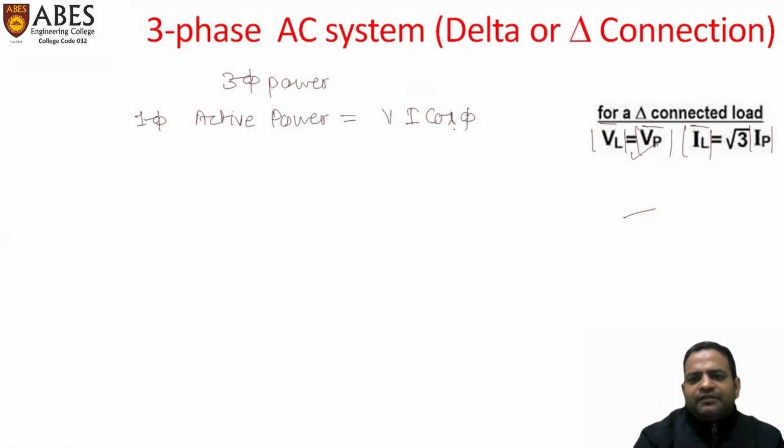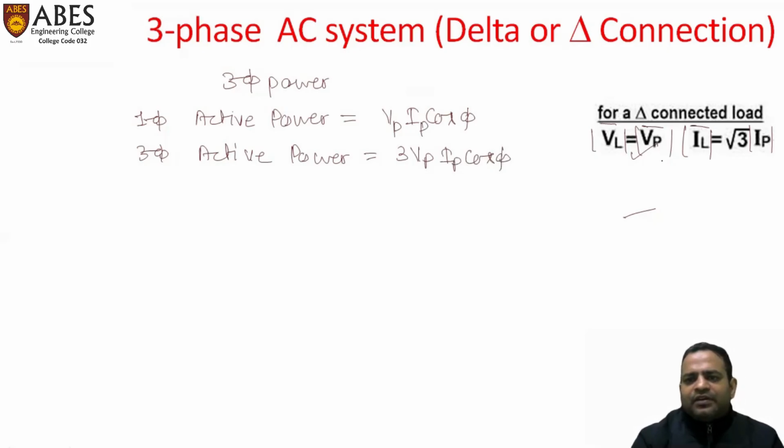If three phases are identical, then the three-phase active power is thrice of Vp Ip cos phi.